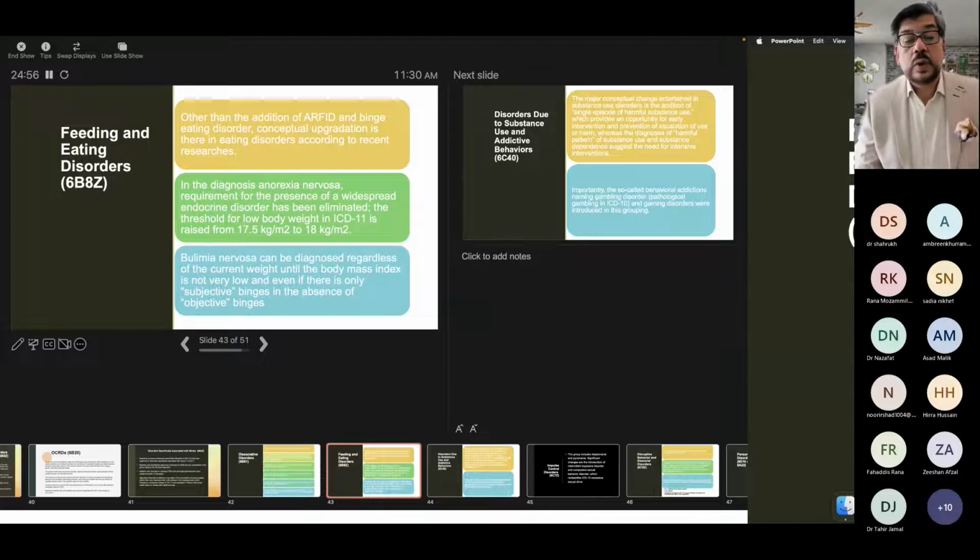And even if there are only subjective binges, in the absence of objective binges, you can diagnose it. So binge eating was a very stringent criterion. And we were thinking that people who have the urge to eat a lot, unless their BMI and other parameters were completed, were not put into bulimia nervosa. Now you can put them.